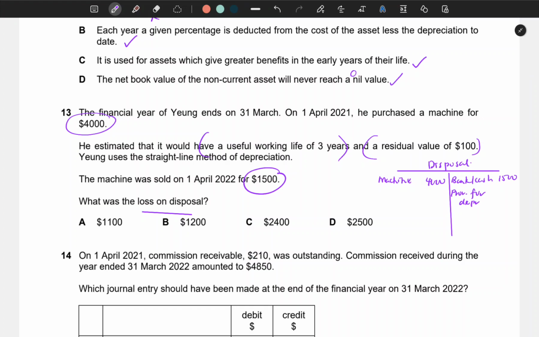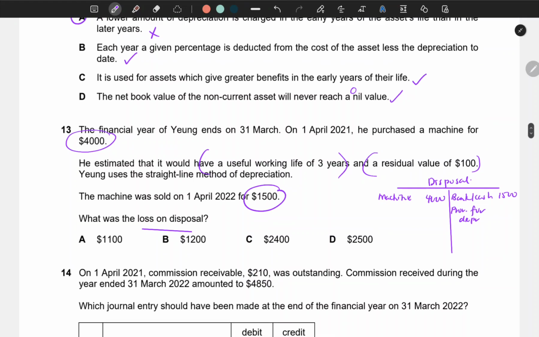What we need to do is look at how many years. You use the straight line method for 3 years with a residual value of 100. The formula: cost 4,000 minus the residual value 100, divided by the useful life, which is 3 years.